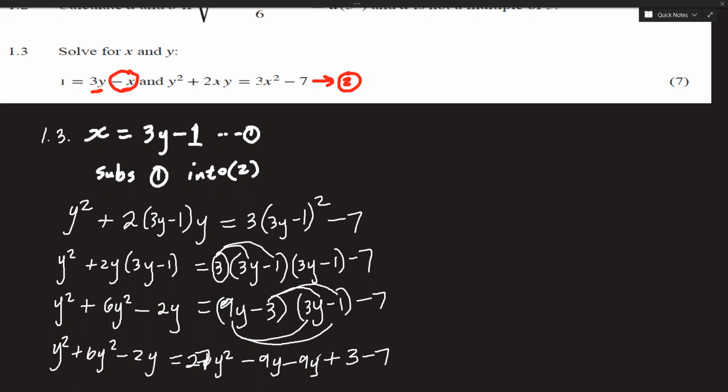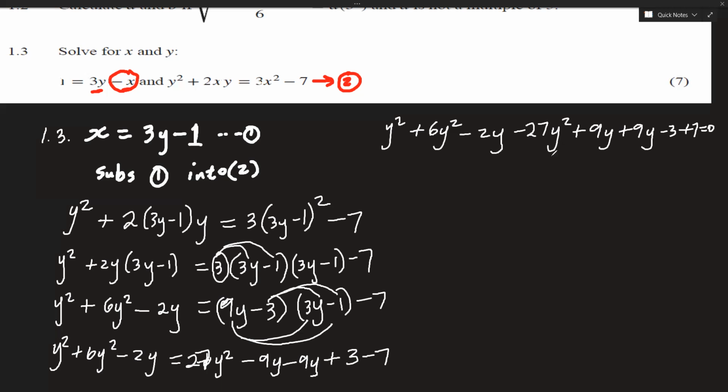So now I'm going to move everything on the left. So I have y squared plus 6y squared minus 2y minus 27y squared plus 9y plus 9y minus 3 plus 7 equals to 0.